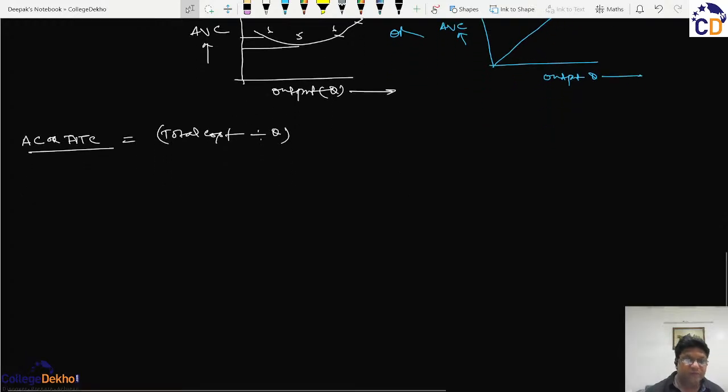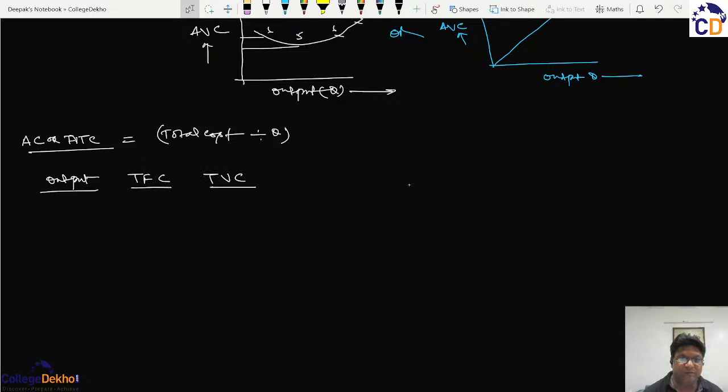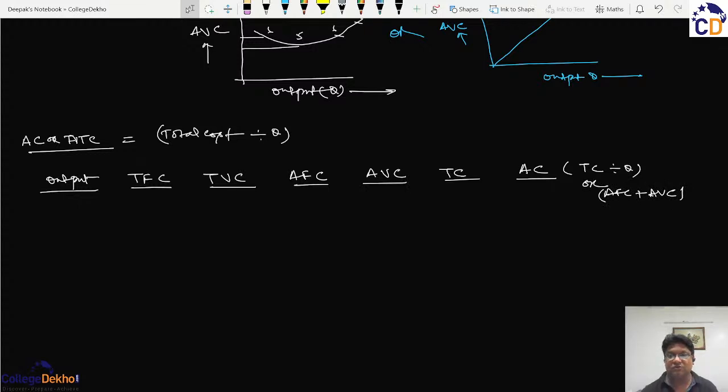So here we can show it this way: for output we will have the figure of total fixed cost, total variable cost, average fixed cost, average variable cost, then total cost, and then average cost, which will be total cost divided by the quantity, or average fixed cost plus average variable cost.